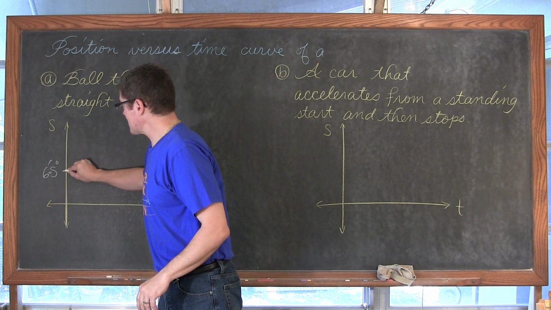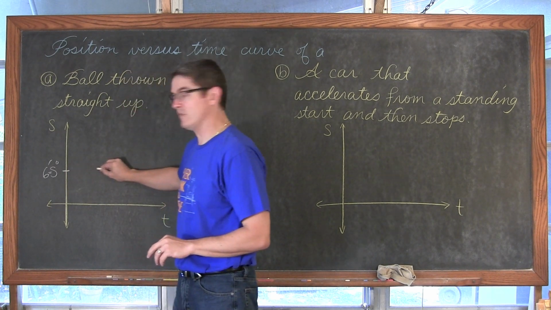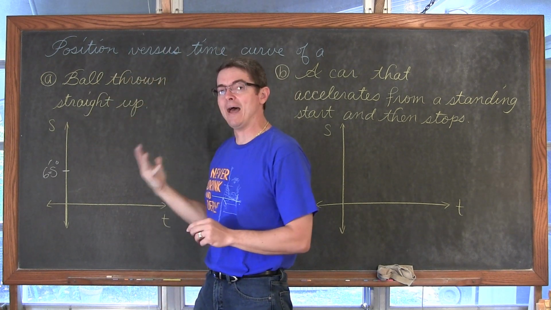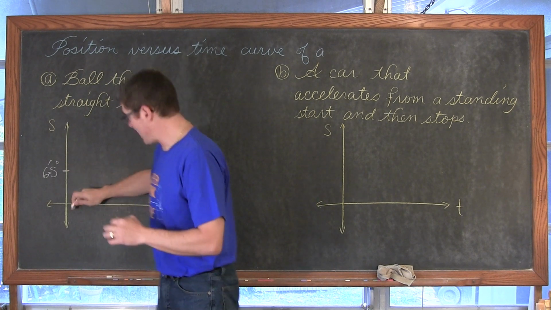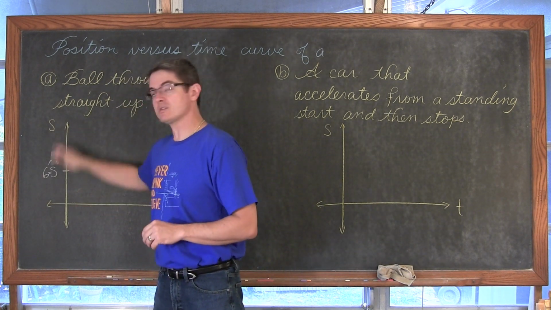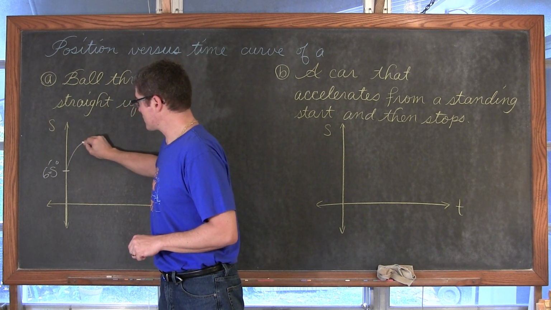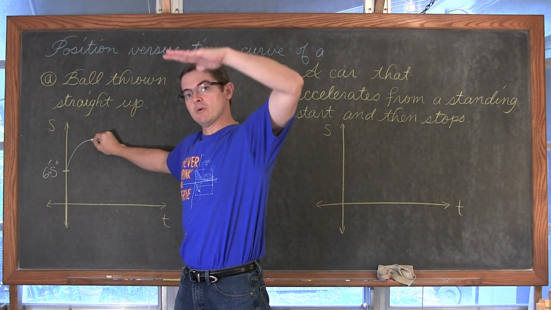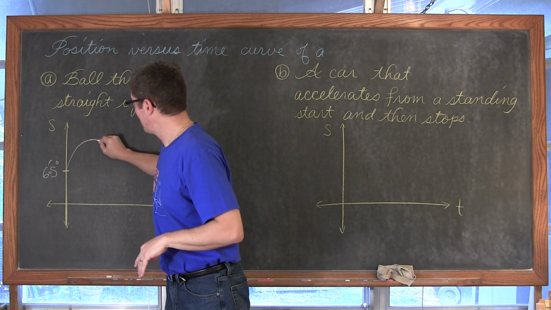So we're going to throw this object, and remember, this is a time plot, so as time passes I'm moving to the right. This is me throwing it straight up, so this path is not the path of the ball per se, it's just time over position relative to the ground. It's going to rise up, and eventually gravity is going to bring the velocity of that ball to 0 and start having a negative velocity as it comes back down to the ground.